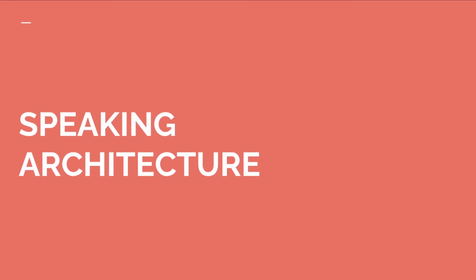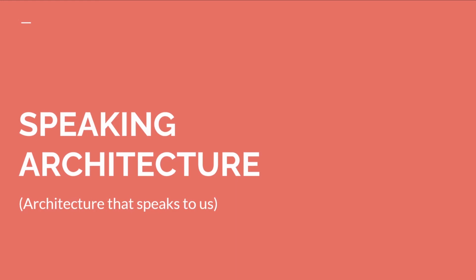Originally, speaking architecture was a term used to describe the style of revolutionary Paris architects, which I'll get to a bit later. But for the purposes of this section, you can pretty much just equate speaking architecture to literally architecture that speaks to us.